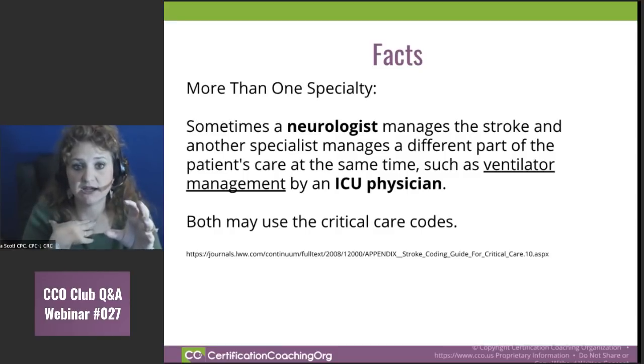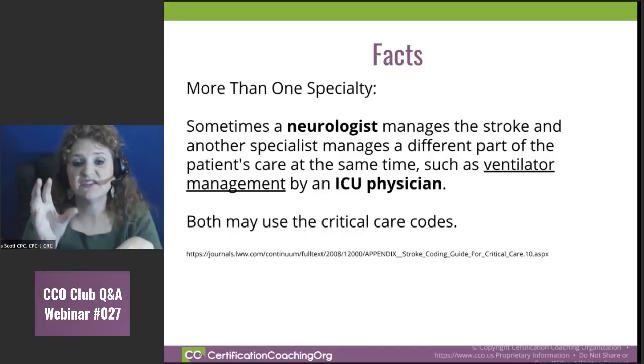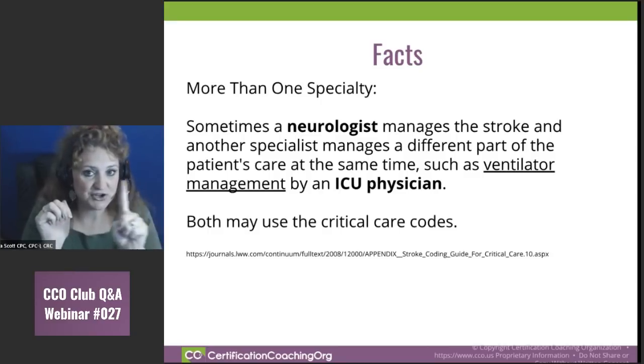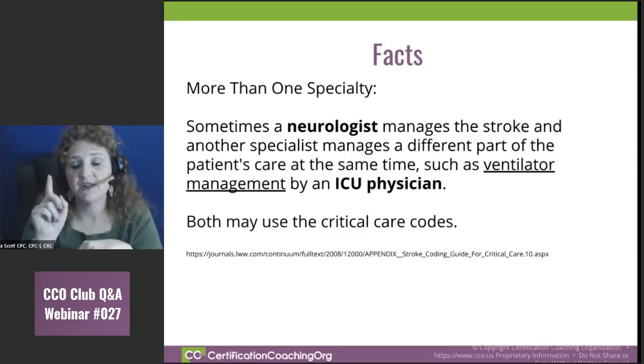Let's say they do a tracheostomy and they spend 78 minutes, right? The first provider is going to use that first code, the critical care code, once, because it's 30 to 74 minutes.